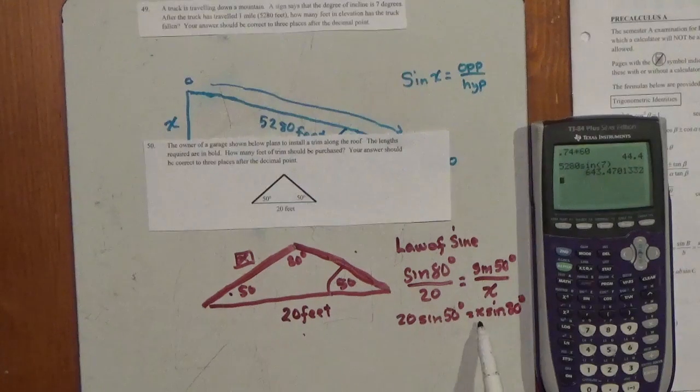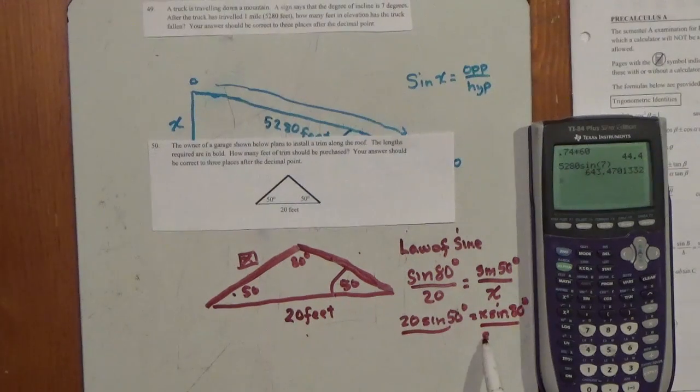Divide both sides by sine 80, and that gives us x is equal to all of that.